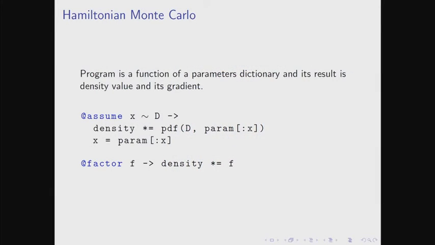Another one: say I want to do Hamiltonian Monte Carlo or anything else that's gradient-based. Then what I want to do is interpret my probabilistic program as a function from a dictionary of values of all my parameters to a density. So for each assume, I will compute a density of the parameter, because I assume that I already have a proposal for all the values, and I just want to compute their density.